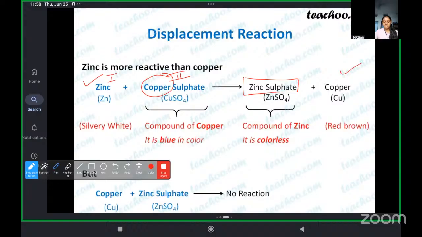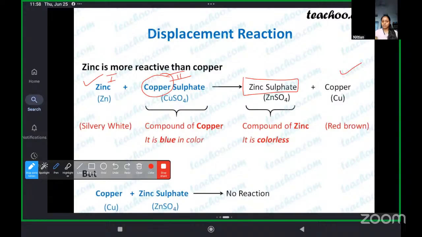Zinc plus copper sulfate will give you zinc sulfate plus copper. Copper is displaced in the reaction. So this is known as displacement reaction, in which one element gets displaced from its original position.